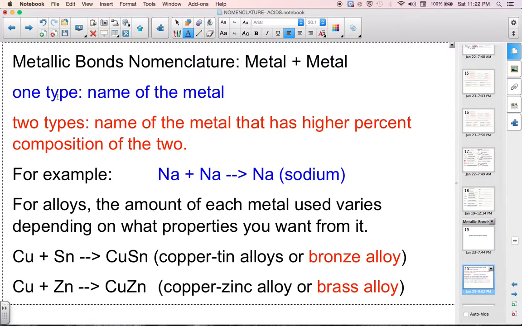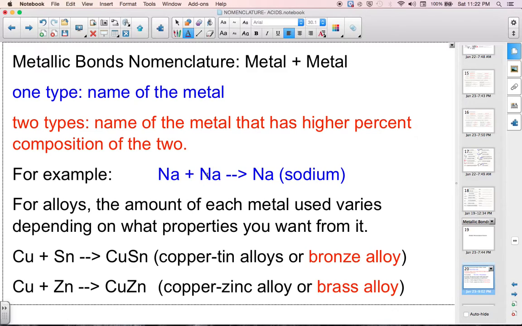For example, for that first one type, if I have sodium combined with sodium, and it's not just 2 sodium atoms, it's really a whole bunch of sodium atoms bonded together, and they form this nice structure where you have the flow of electrons, right? The sea of electrons flowing through each of the atoms.